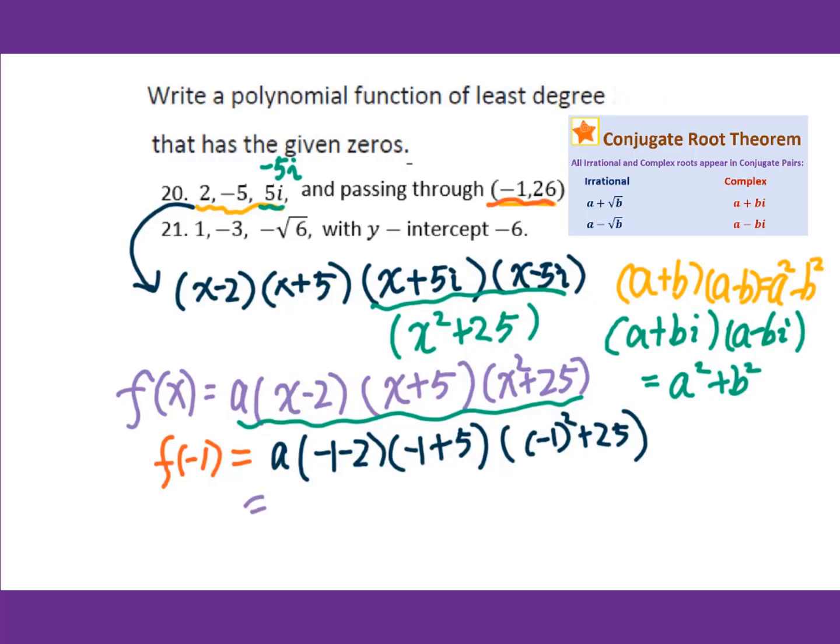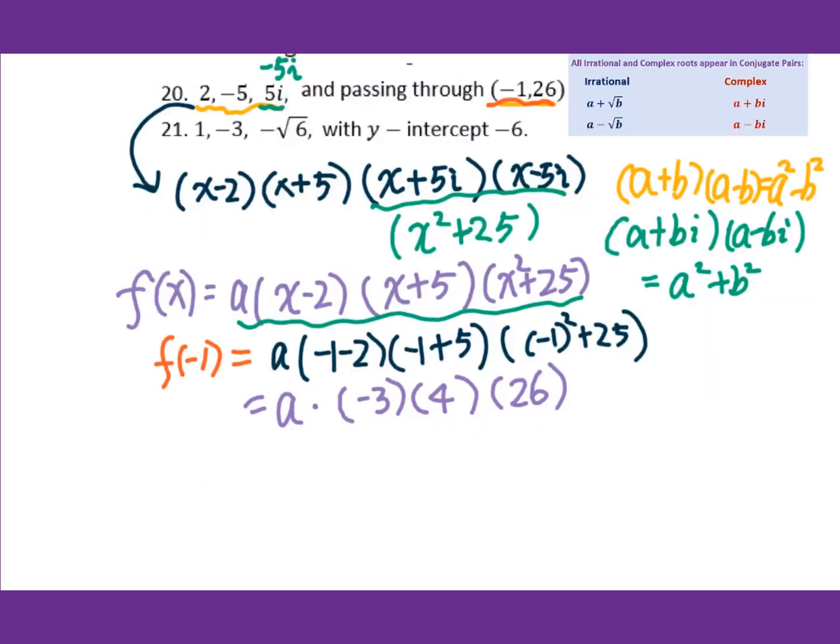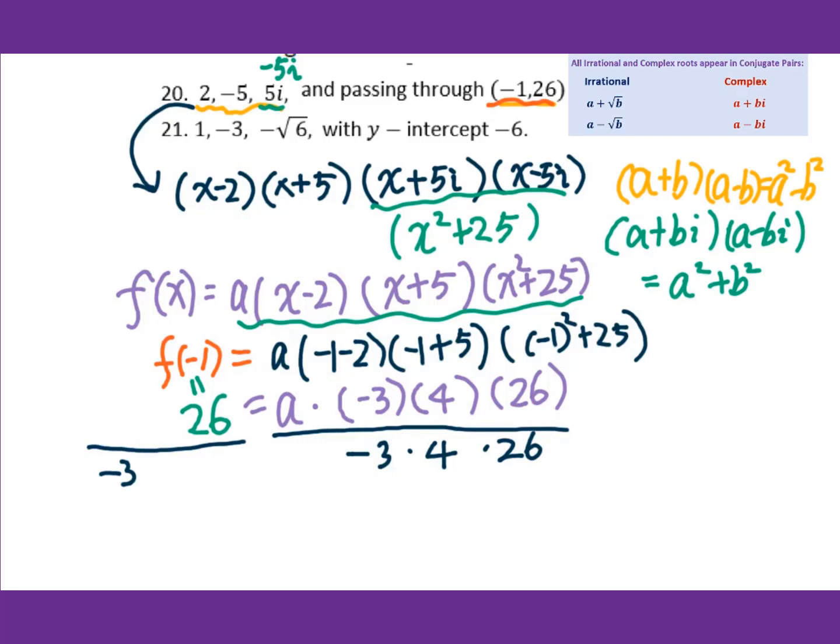You will get a times negative 3 times 4 times 26. Since f of negative 1 equals 26, to find a, you have to divide by negative 3 times 4 times 26. Then reduce. You will get a equals negative 1 over 12.